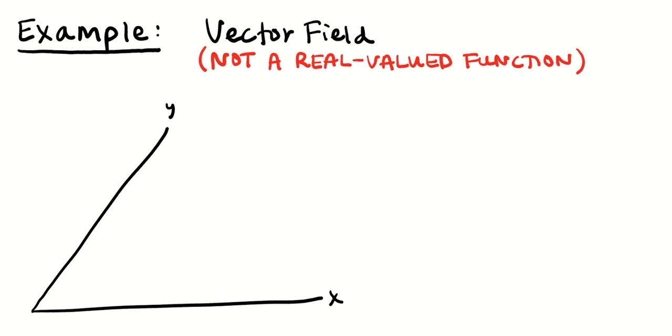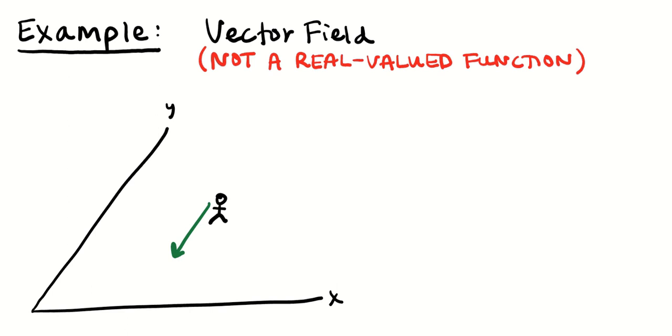Then I'll also tell you an example of something that is not a real valued function that would take in multiple variables, something we're going to call a vector field later in the class. Say you're a person standing at a point in the plane, and you feel some sort of wind. Maybe the wind is a vector and it is blowing, maybe it's a north wind, so you're feeling that wind at that point in the plane.